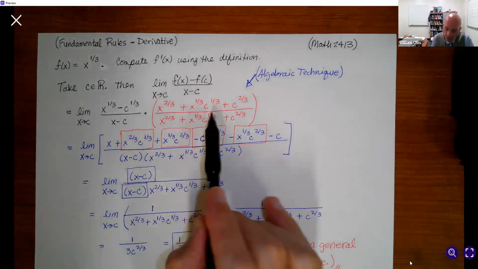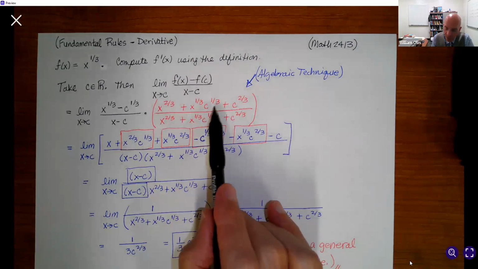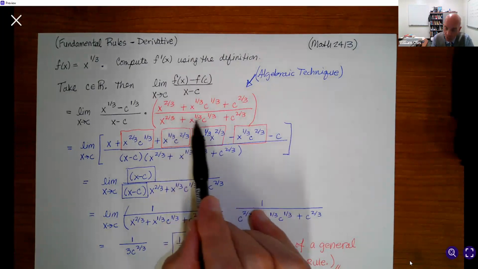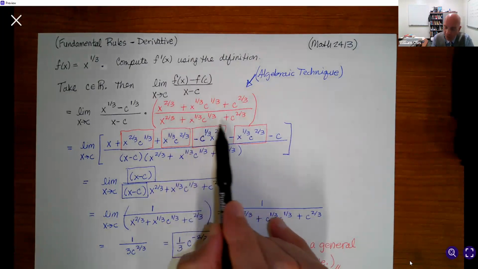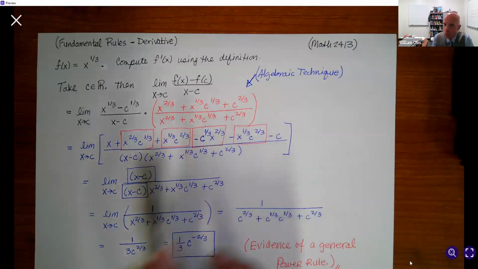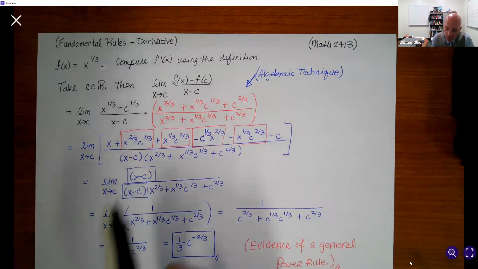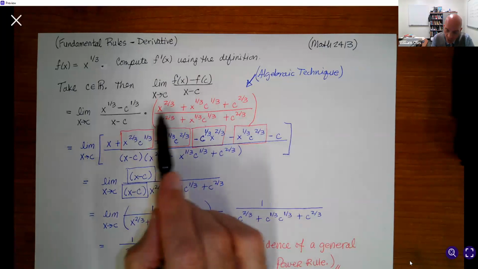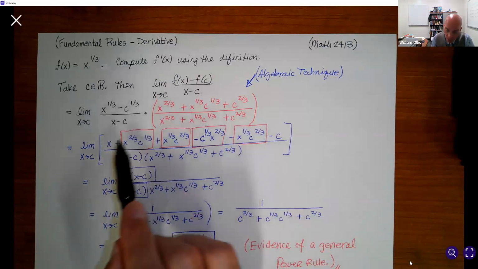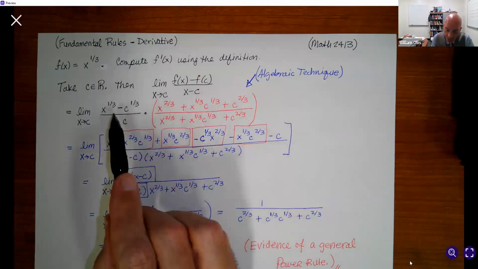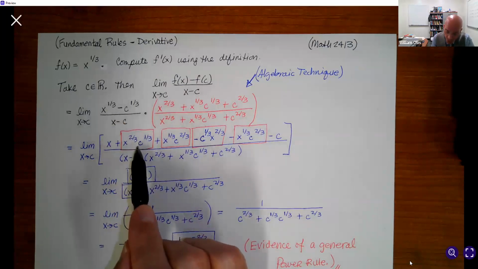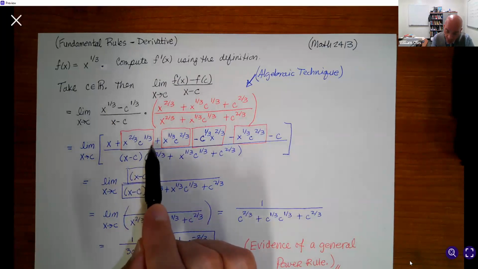So now, if you notice this, we're thinking, okay, well, this term will give us what we need. And then, of course, downstairs, we won't have any problem letting X pass to C because this, of course, will be well defined. So now what you can see is you multiply here. We'll do multiplication by X to the 1/3. We get the X. Then we get, if you will, we have X to the 2/3, C to the 1/3.